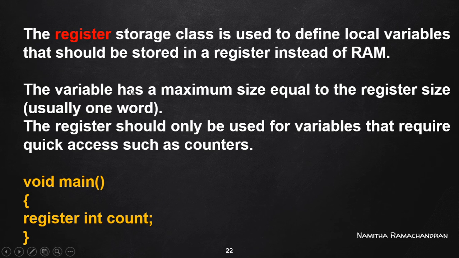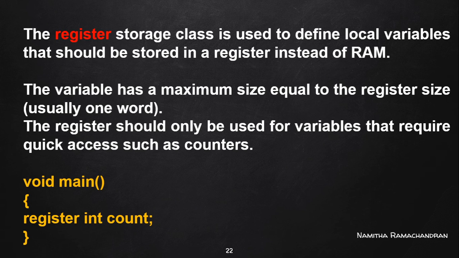If we want to allocate a minimum amount of space for a particular variable, then only we can declare such a variable as register. And what is the benefit of declaring a variable as register? While allotting space inside the register set of our processor, the processor can quickly access such values. That means registers are always near to our processor. The processor can directly and quickly access data from our registers.